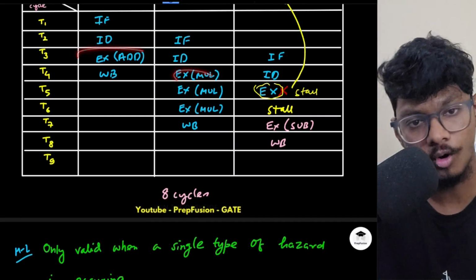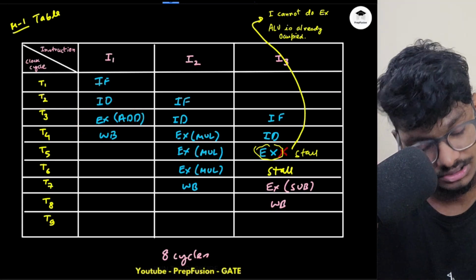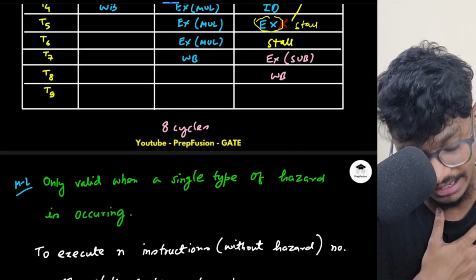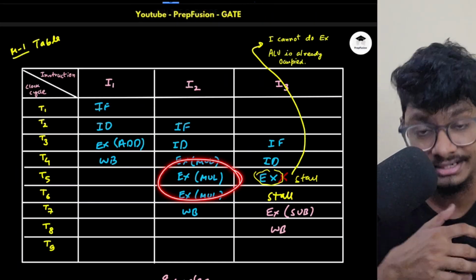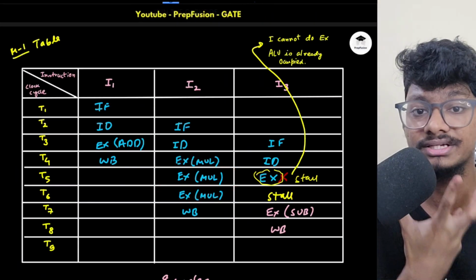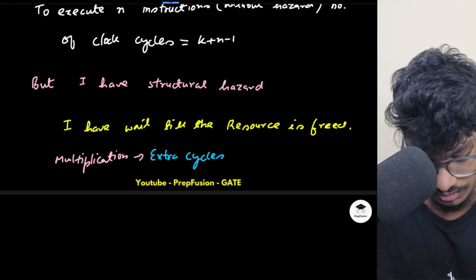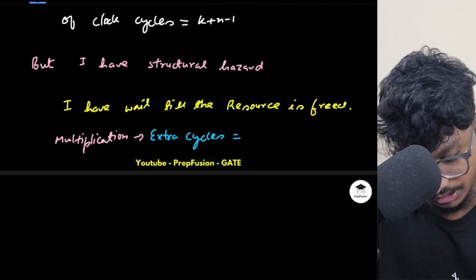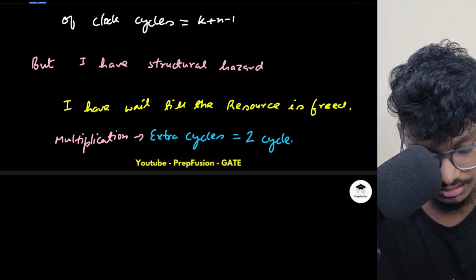Execution anyway takes 1 cycle for all the instructions, for addition and subtraction, and that has already been accounted for. But how many additional cycles does the multiplication instruction take? 2. So multiplication takes 2 extra cycles.